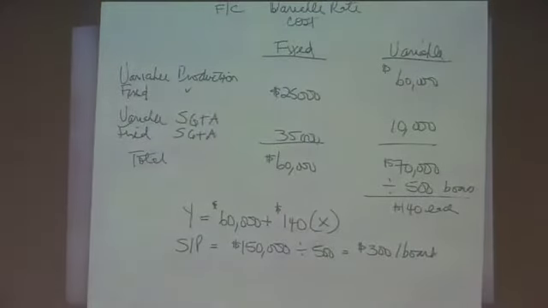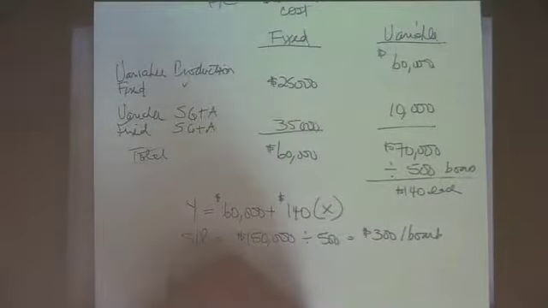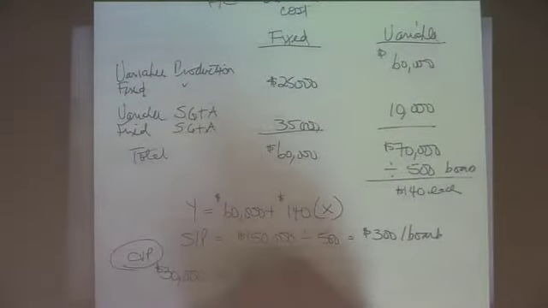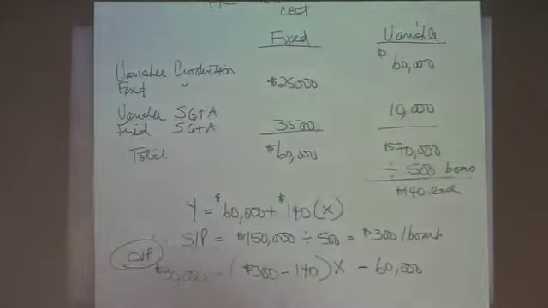So to determine the profit, we know that a profit of 30 using CVP equals revenue minus variable cost times X minus 60,000 fixed cost.